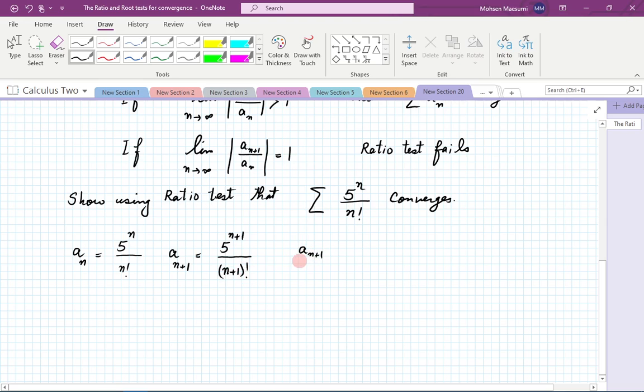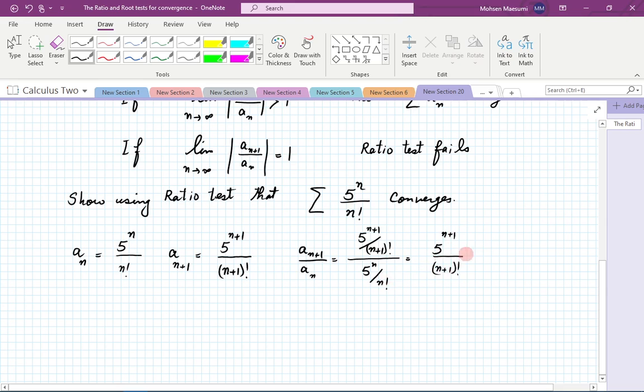The ratio of these two, we might as well calculate it and simplify before we actually apply the limit to it. So I'm going to have a_{n+1}, which was 5^{n+1} over (n+1) factorial, and then divided by 5 to the power of n over n factorial. Of course, for dividing fractions, you remember you flip and multiply.